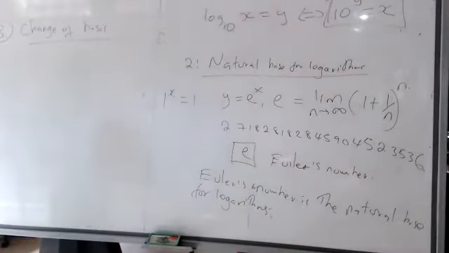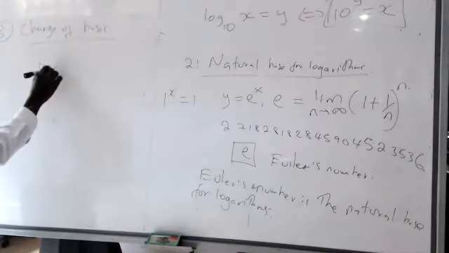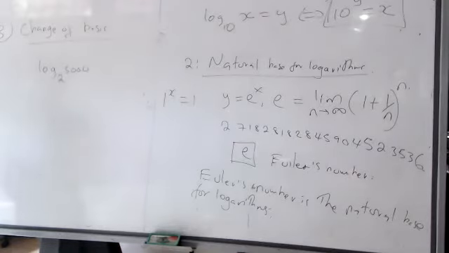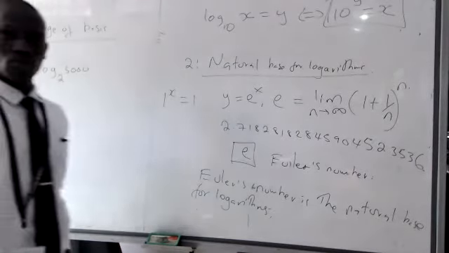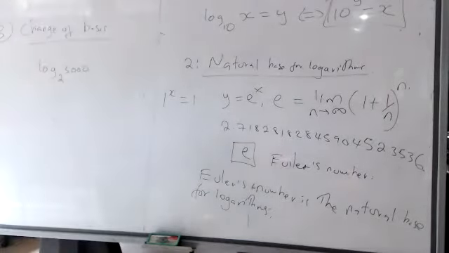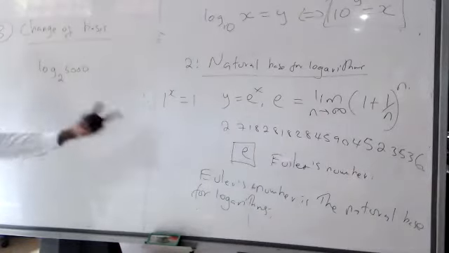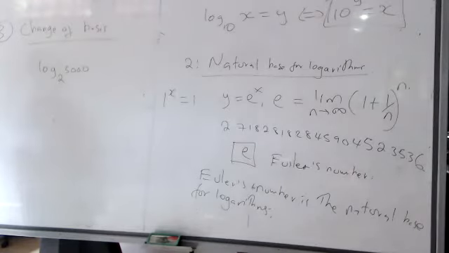What if I become a sadist by asking you to compute log to the base 2 of, let's say, 5,000, knowing so well that your calculator can only compute logs to the natural base or the common base, base 10? It cannot do base 2.